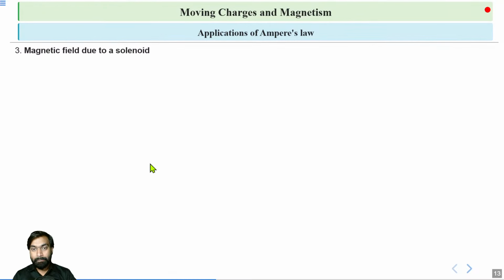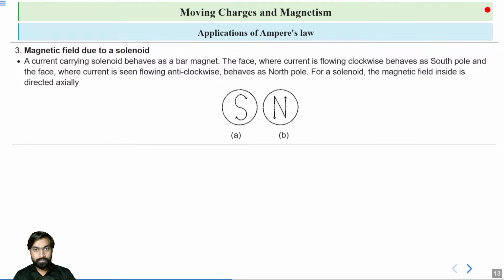Now third is magnetic field due to a solenoid. Let's see.